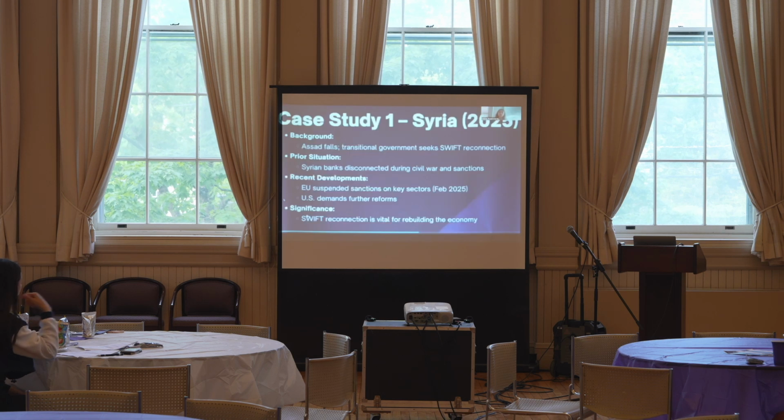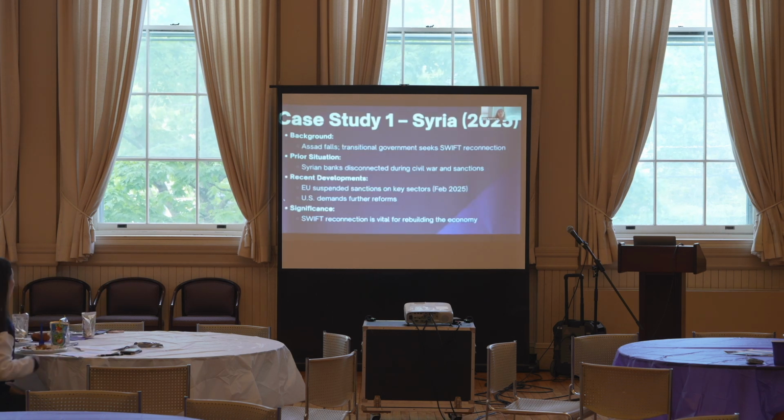In December 2024, as some of you might know, the Assad regime collapsed after more than a decade of civil war. A transitional government composed of opposition leaders took power, and one of their immediate goals was to reestablish access to the global financial system, meaning SWIFT.